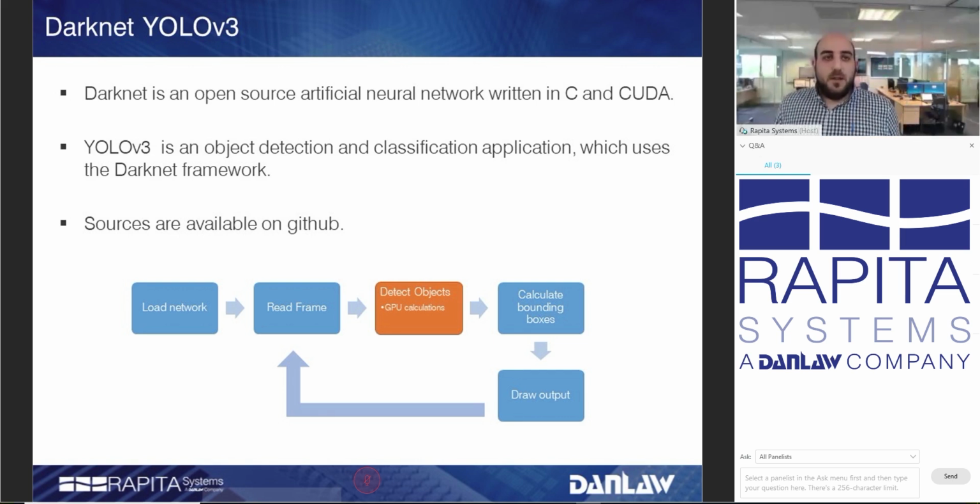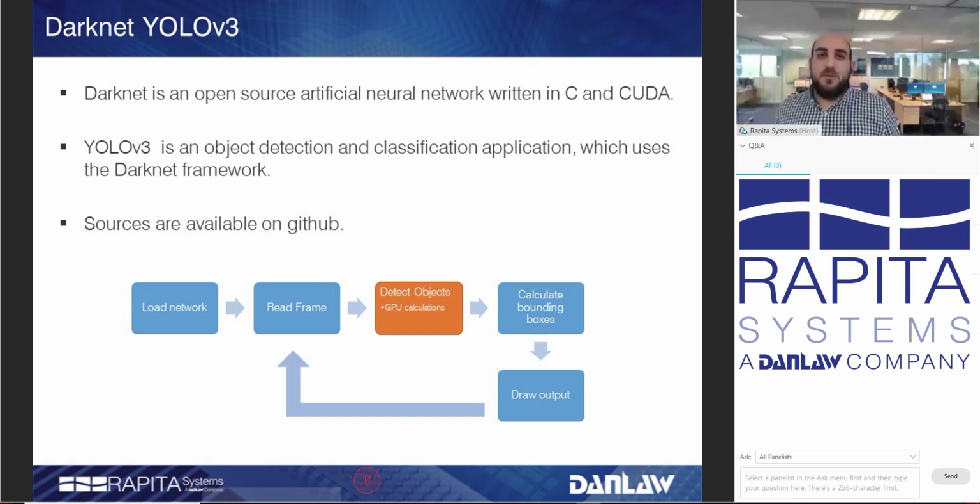So the sequence of execution of the application is that when you load it up, it will load the artificial neural network into memory and then pass on to the GPU for processing. Then it will read the input frame by frame. It will run its object detection algorithm, which happens primarily on the GPU.